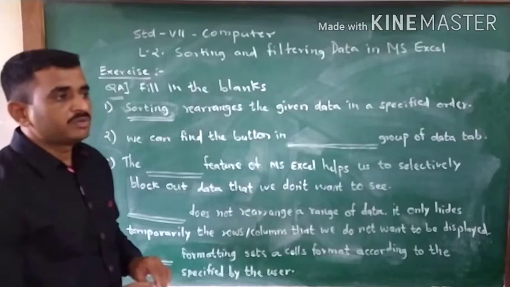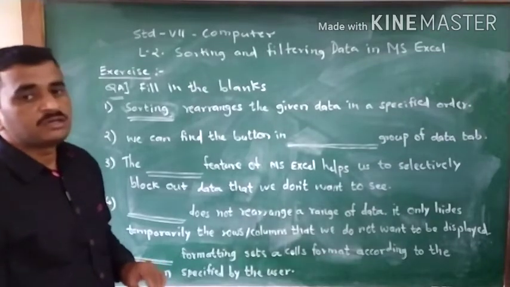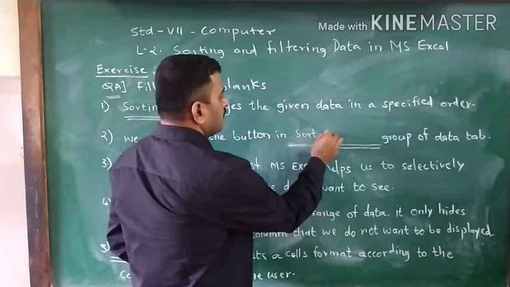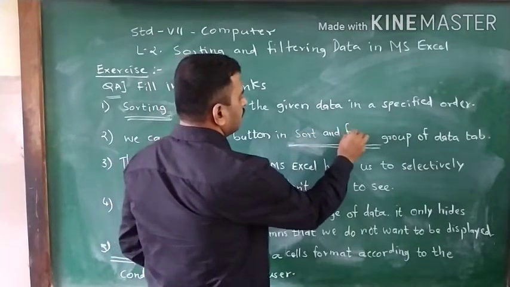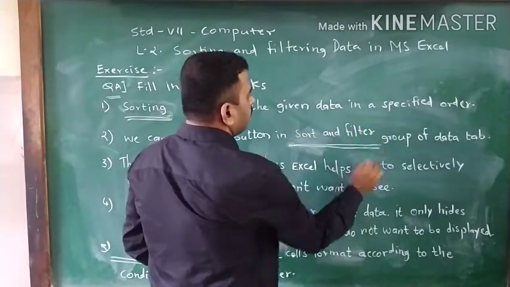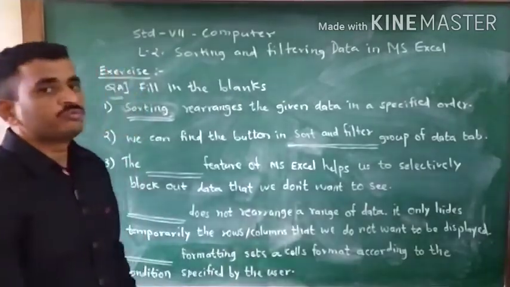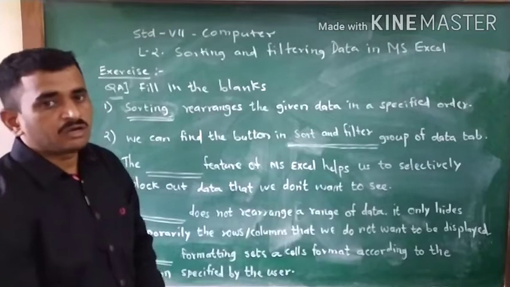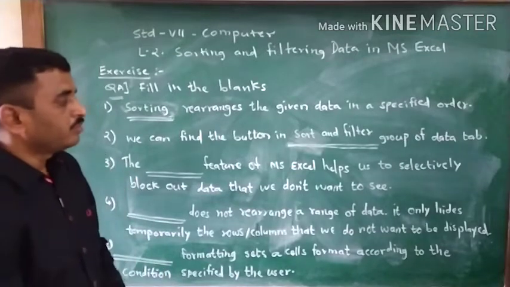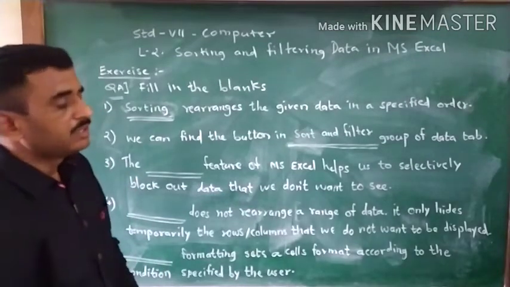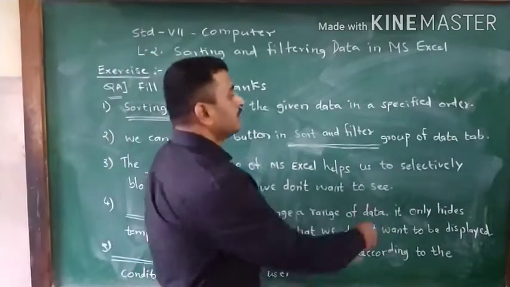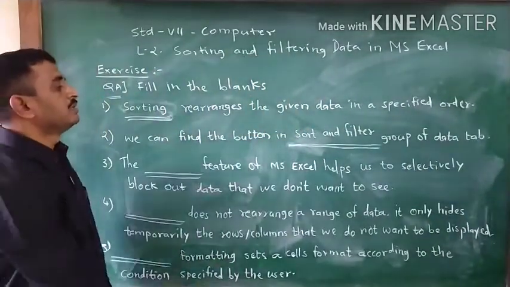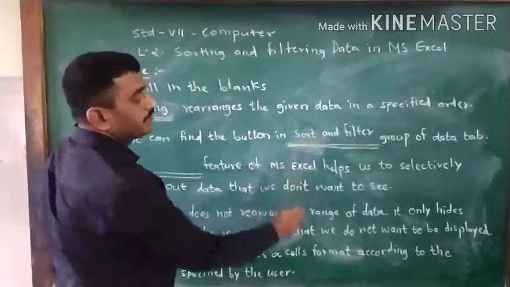That button we get in the Sort and Filter group of the Data tab. When you want to sort any data or filter any data, then you have to click that button in the Data tab. So this button is available in the group of Sort and Filter.